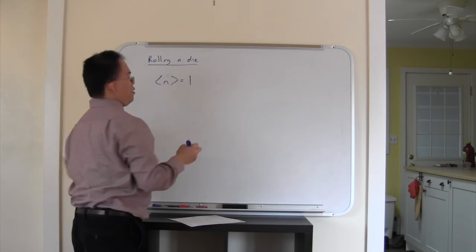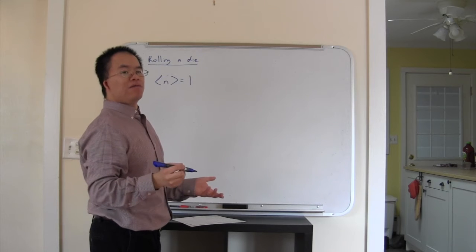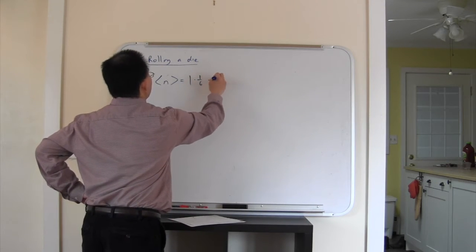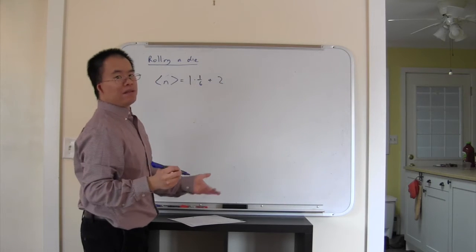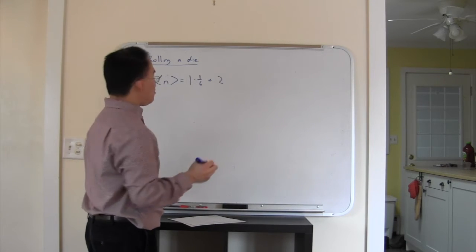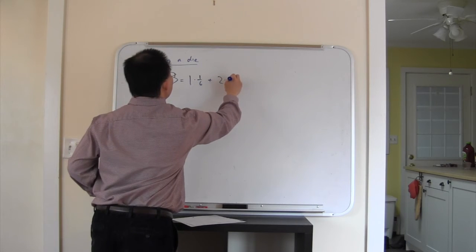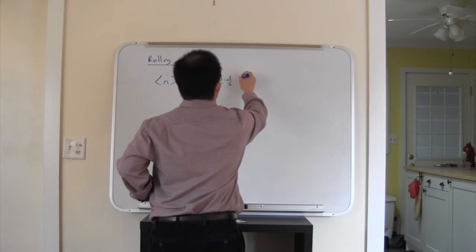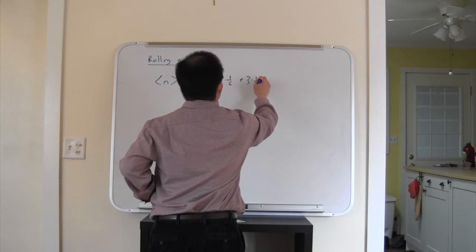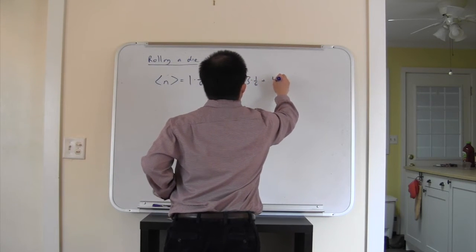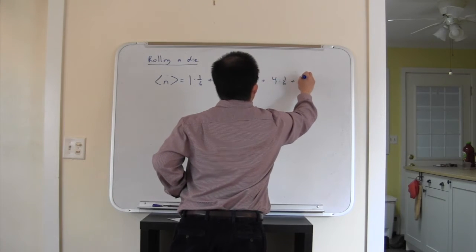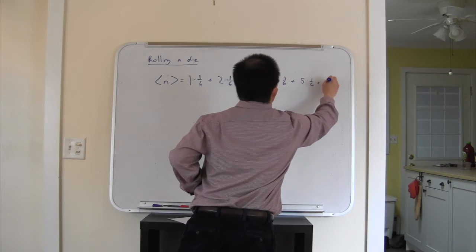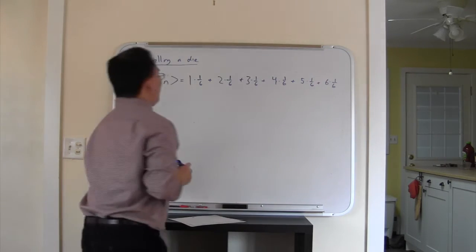So that's going to be 1 times the probability of rolling a 1, which is 1/6, plus 2 times the probability of rolling a 2, which is also 1/6, etc. Plus 3 times 1/6 plus 4 times 1/6 plus 5 times 1/6 plus 6 times 1/6.